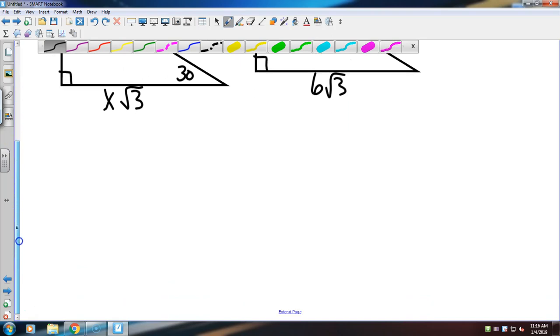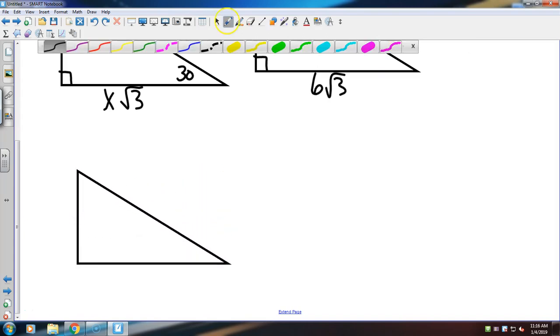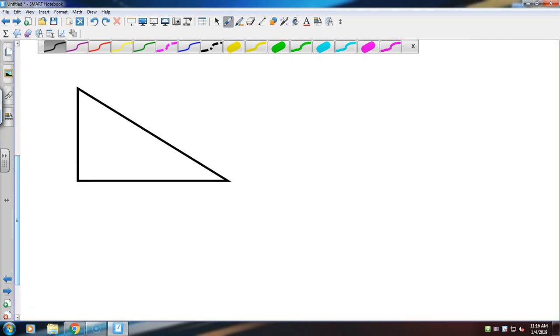Now, again, you can see some variations. Let's say that they gave us just the larger leg. So I'm going to extend this just a little bit so I don't have to reach down. Let's say they gave us the larger leg, which was, let's say 12.